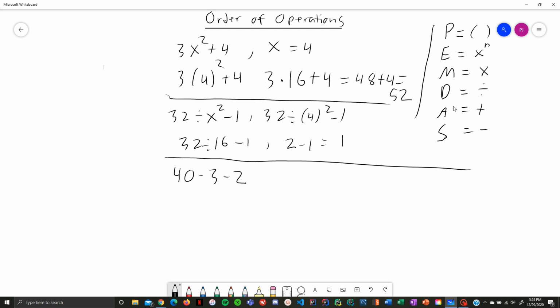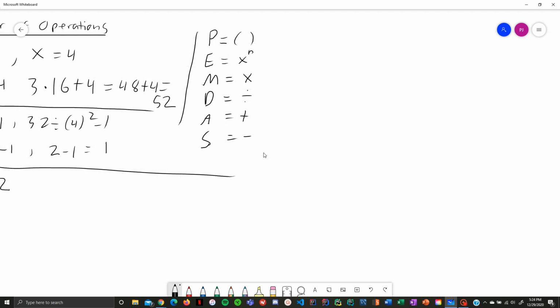Now, if we go by order of operations, there are no parentheses, there are no exponents, there is no multiplication, division, or addition. There is nothing left from the order of operations. So we're only left with subtraction. So how would we go about solving this problem? Well, there's actually a rule. I'm going to write it over here for you.